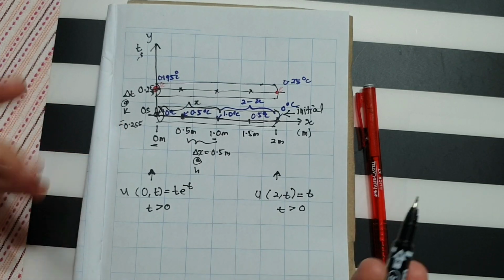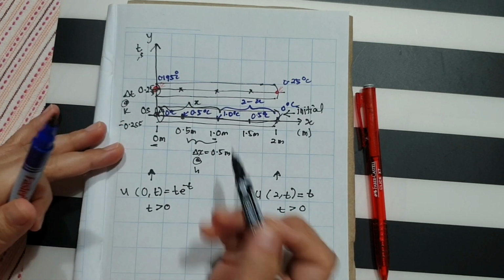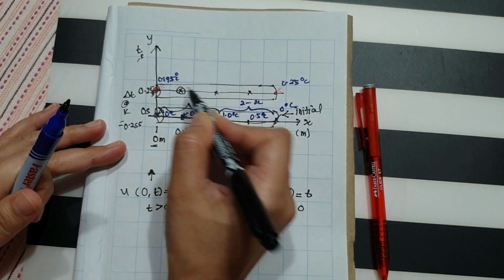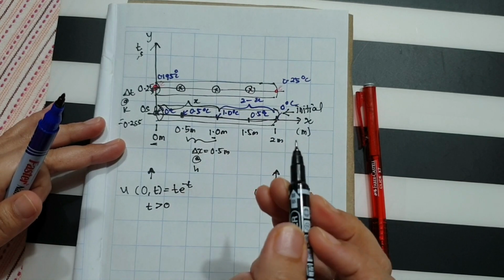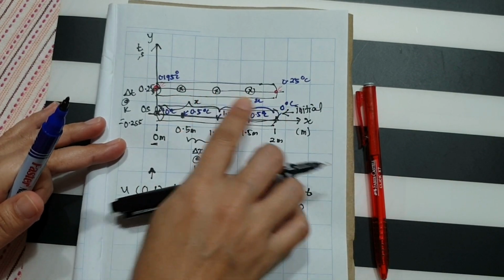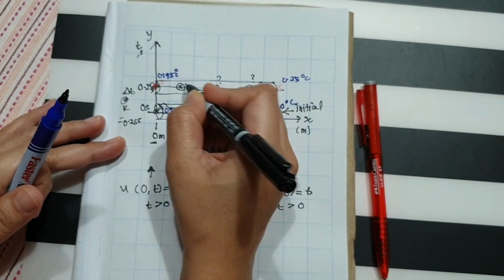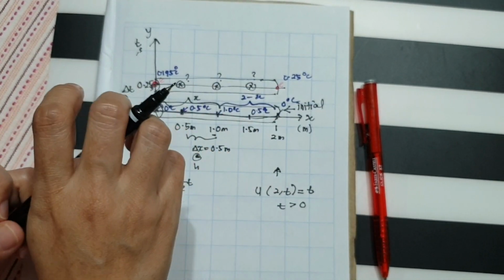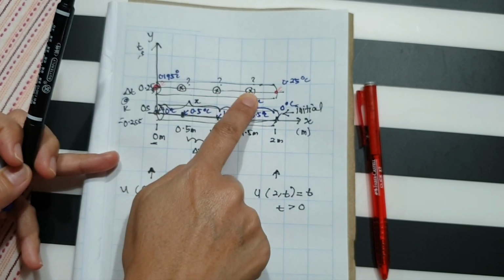Then you can move to the next step where you approximate the heat value at the unknown positions, or at the points which you marked unknown over here. Now we will use the Crank-Nicholson molecule formula to do the approximation for these 3 points.